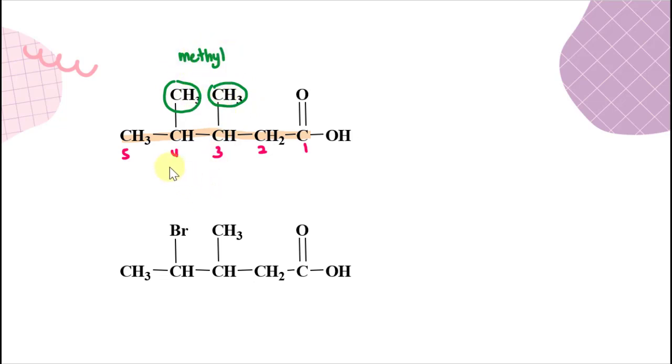So the IUPAC name for this compound is 3,4-dimethyl, because we have 2 methyl groups attached to the 3rd and 4th carbon. And since the longest carbon chain is 5, pentanoic acid, because this is a carboxyl group. Remember the carboxyl group will become our first carbon.